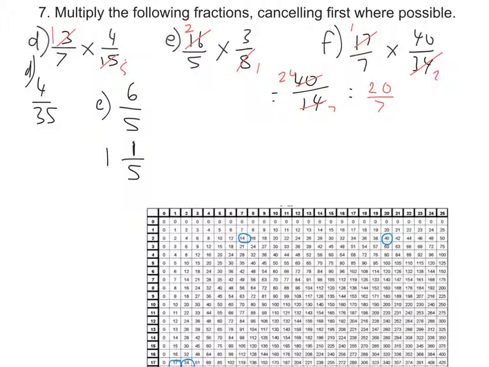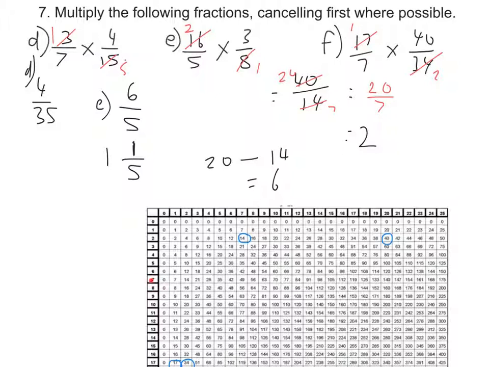So I write down the number 2 as the whole. And now what's the remainder? Well, 20 minus 14 is 6. Why did I do that? Because the numerator is 20 and 7 goes into 20 as a whole twice.